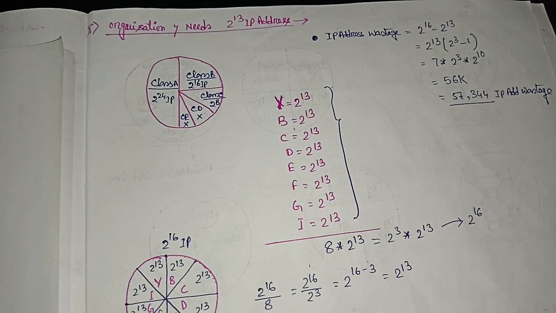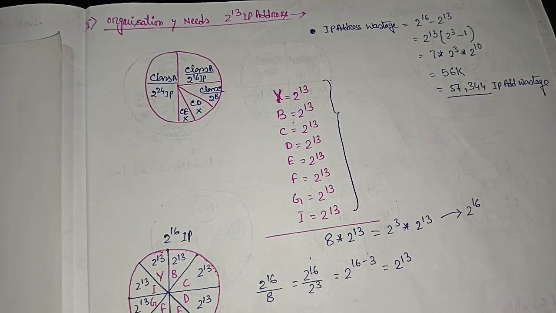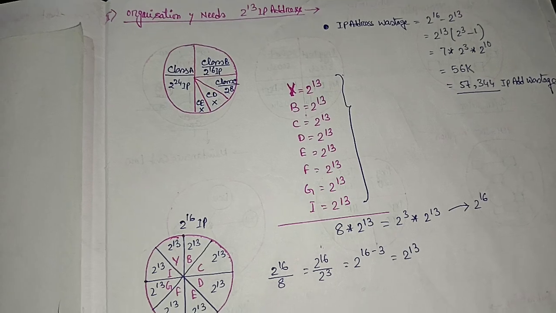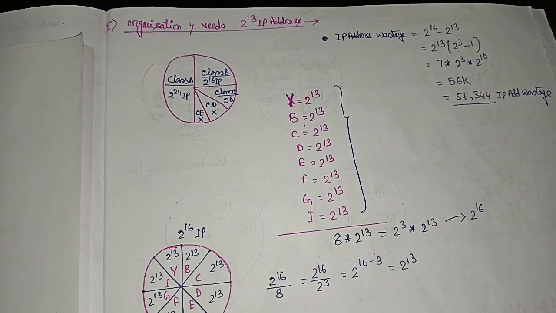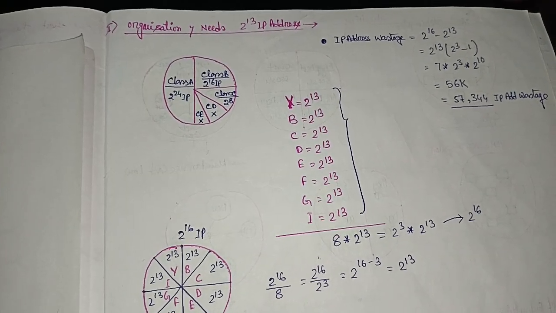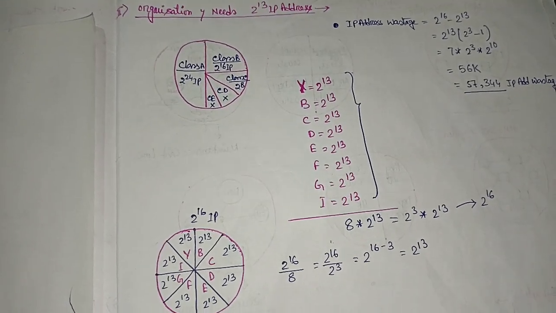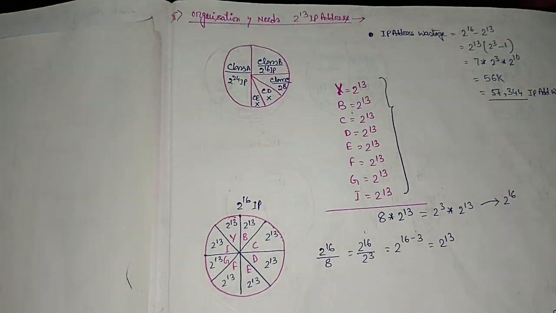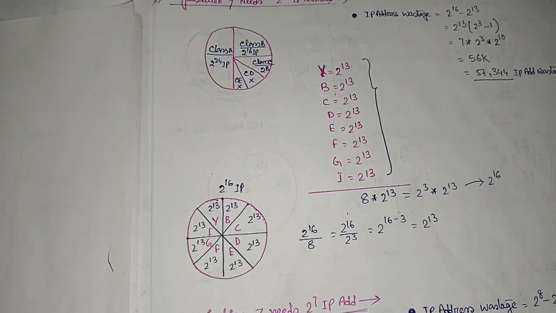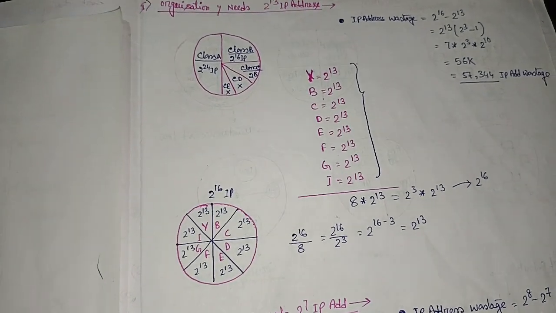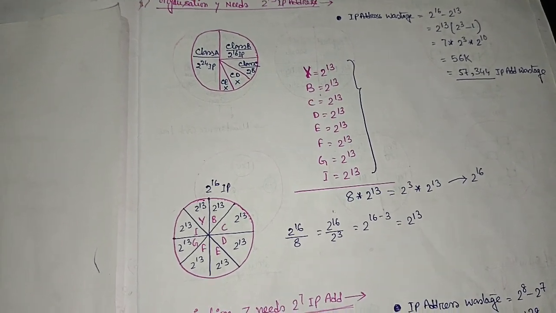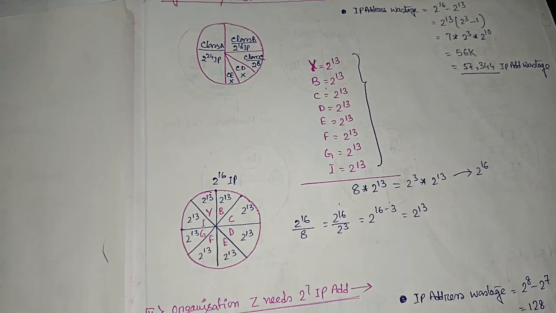If organization Y needs 2 to the power 13 IP addresses, we have to give a class B address, so 2 to the power 16 minus 2 to the power 13, which is 7 times 2 to the power 13, about 56k IP addresses wasted. Similarly, if we divide it into 8 parts and give 2 to the power 13 each, it solves the issue.